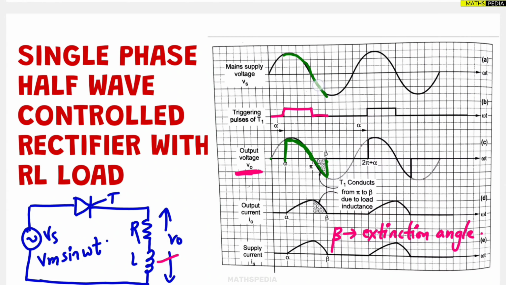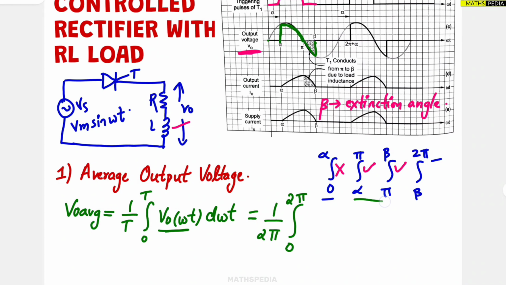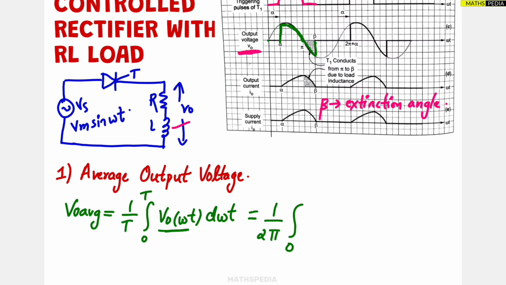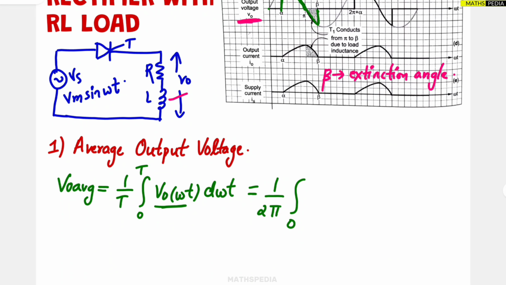So the periodic cycle we are going to take is directly from alpha to beta. Don't need to break into two parts. Rest all things are 0, that's why we are not taking. So it will be from alpha to beta.